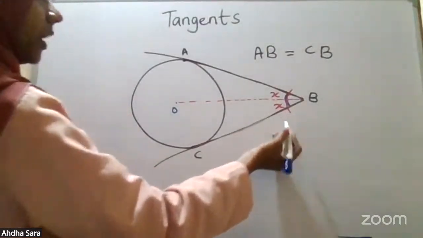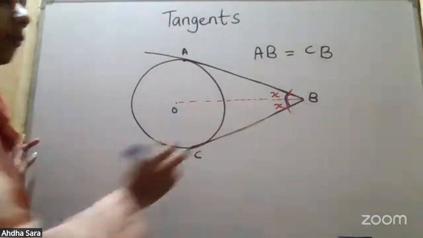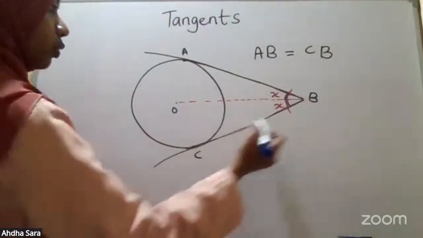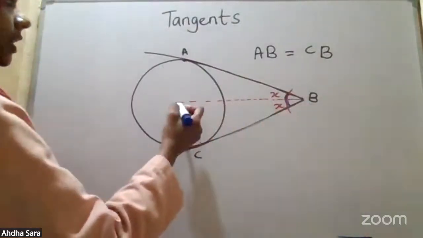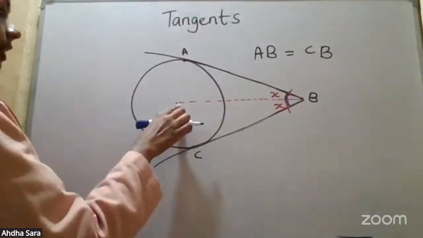The second theorem will be: the angle that is formed between the two tangents will be bisected by the straight line that is drawn from the center.